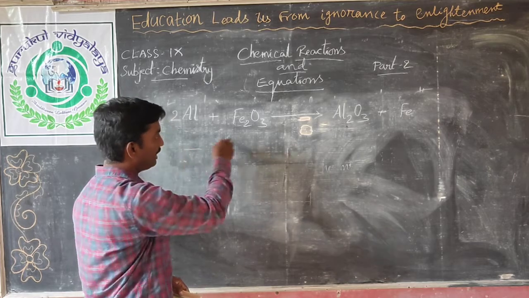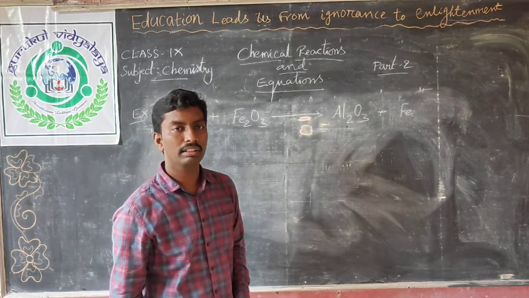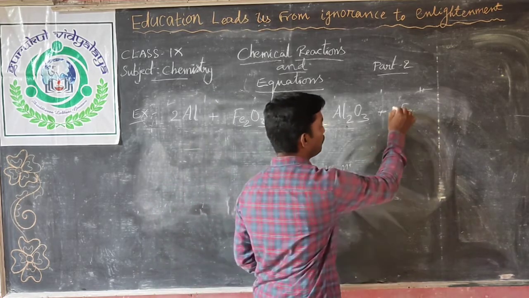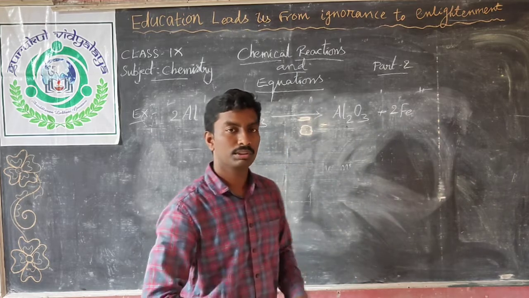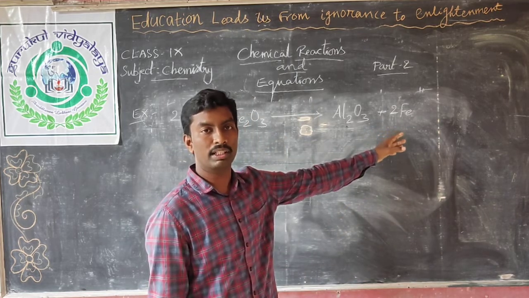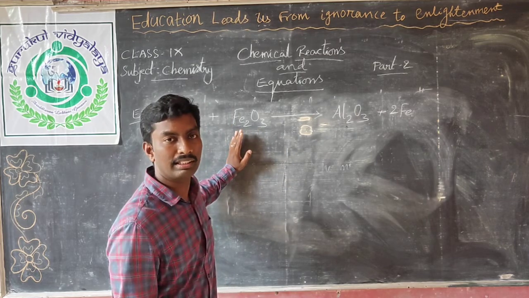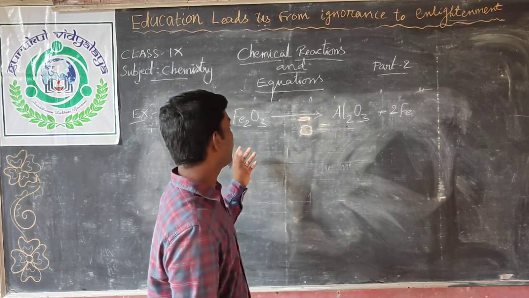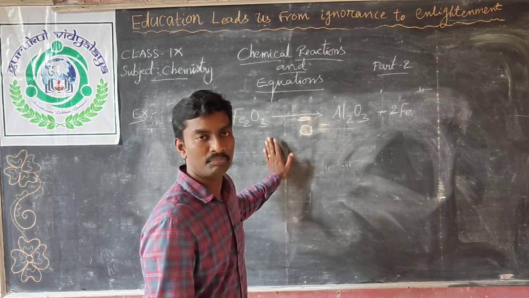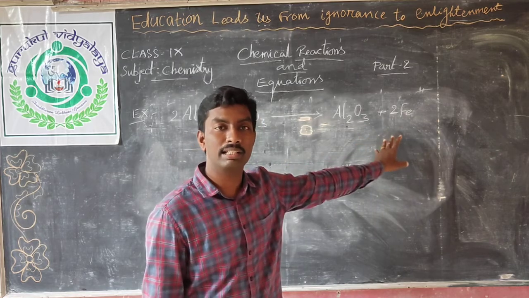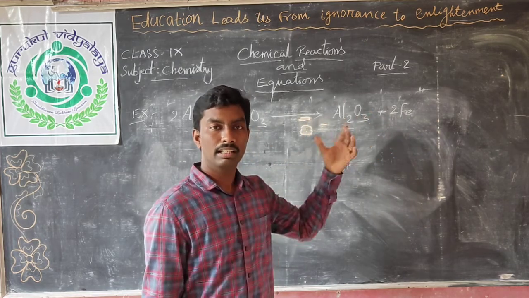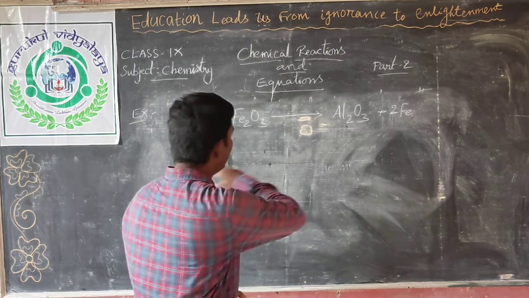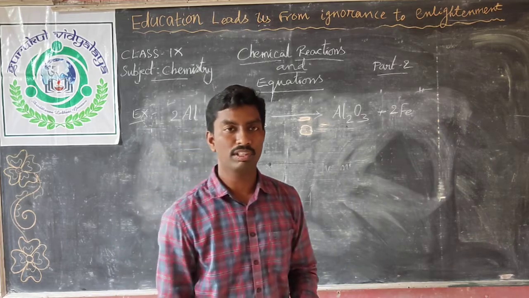Fe is having 2 atoms on one side and 1 atom on the other, so to make it balanced, if you write 2 as a coefficient, iron atoms are 2 on the product side and 2 on the reactant side. About the oxygen atoms, on the reactant side the number of oxygen atoms is 3, and on the product side the number of oxygen atoms is 3. So both sides the oxygen atoms are balanced. The whole equation is a balanced chemical equation.